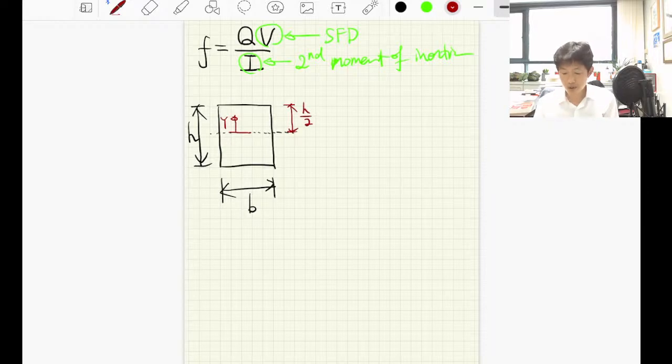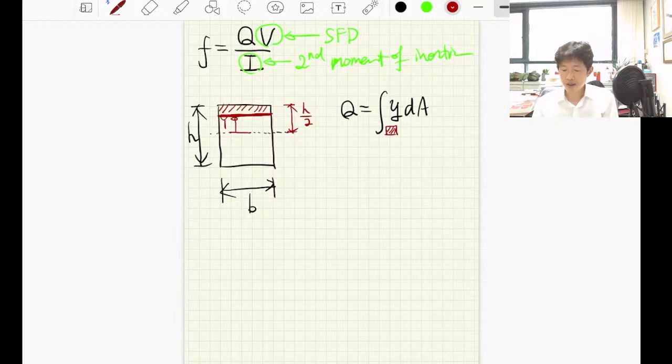Now we want to calculate the shear flow at the position measured by y, acting on this cross section here, which means we need to calculate the first moment for this. First moment Q is defined as what? The integral of y dA. So we have to calculate this integration for this small rectangle.